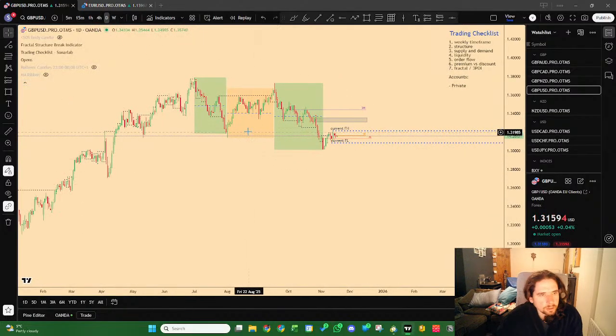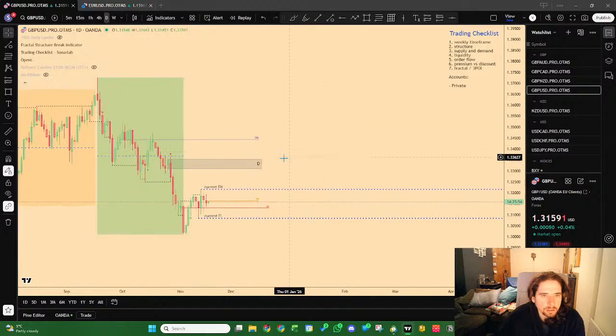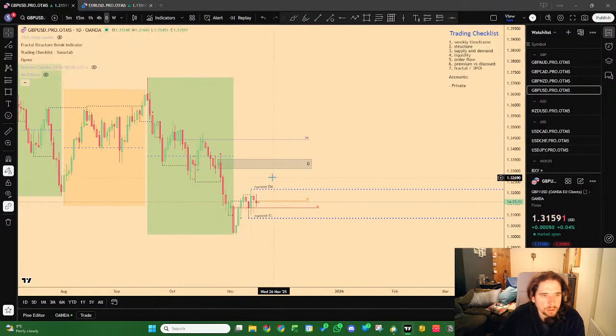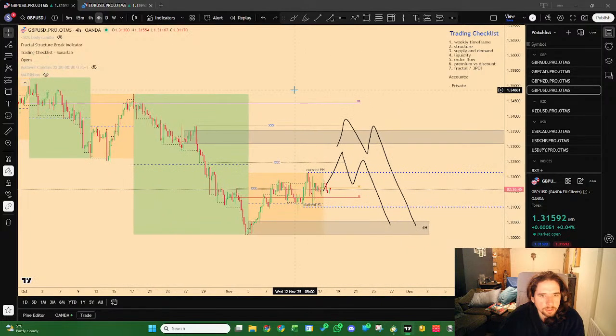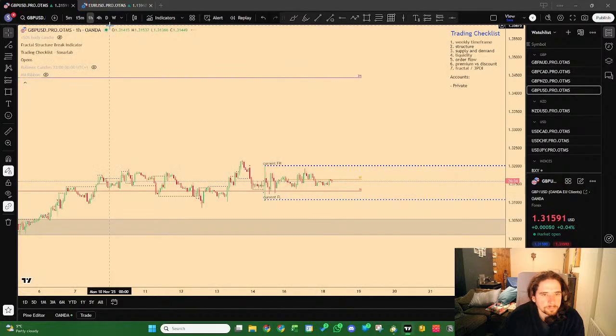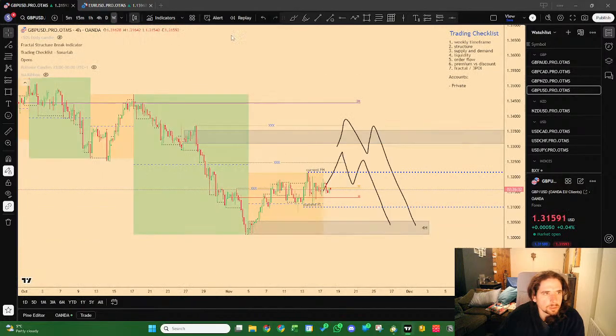Yeah, nice little retracement. On the daily, we're bearish. Nice little retracement area there. And yeah, we're still in that little retracement. We'll see where that goes. Probably ranging quite a bit.